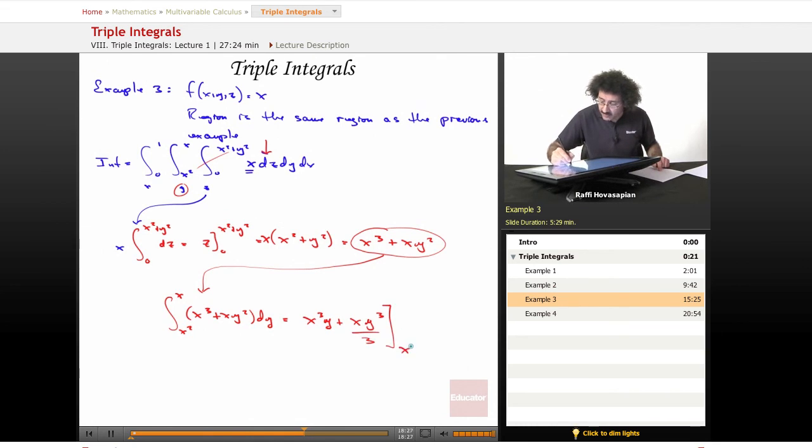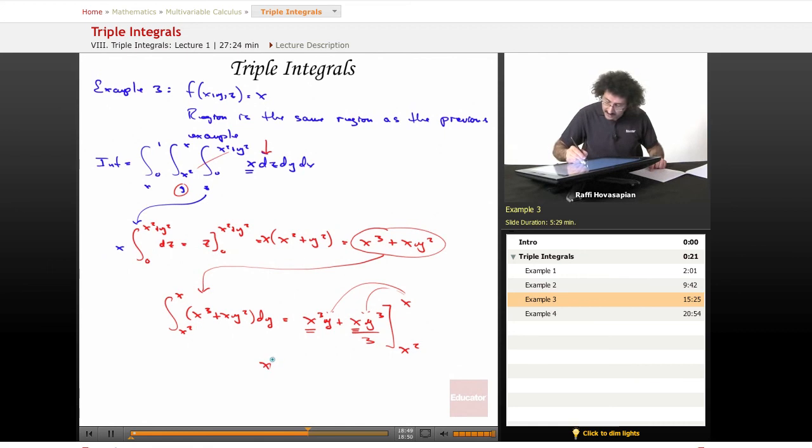And this time I'm going from x squared to x. And now when I put these values in, I'm putting these in for y. x is a constant. Remember, these values are integrating with respect to y. So this x goes into y. So when I do this, I get the following.